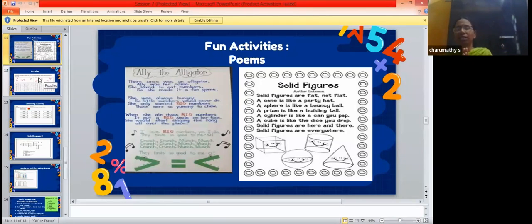In a class of 40, it is not easy to give a chance to everybody, so like that, we give a chance to all the children in that particular period. That is also very important. We have to occupy every one of them. We cannot just leave some of them and engage only a few children in the maths lab. Please, teachers, keep that in mind.